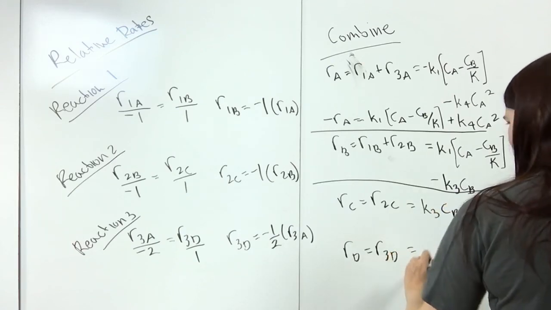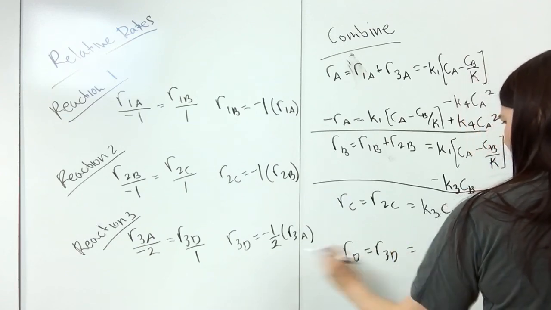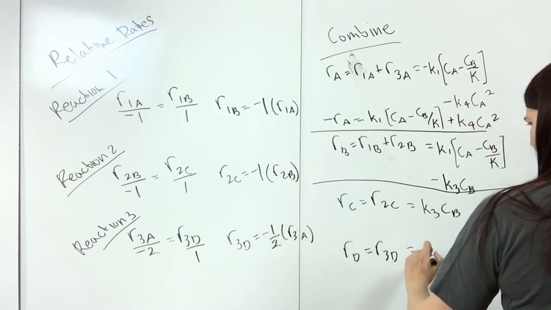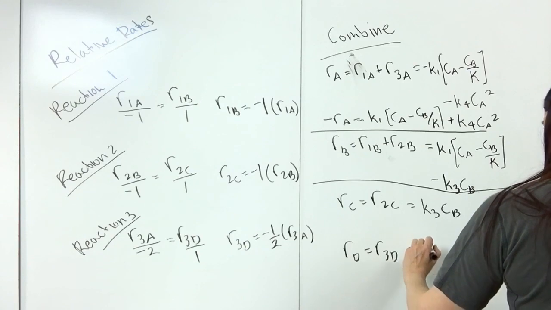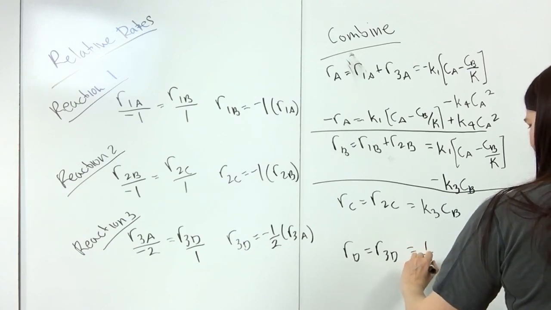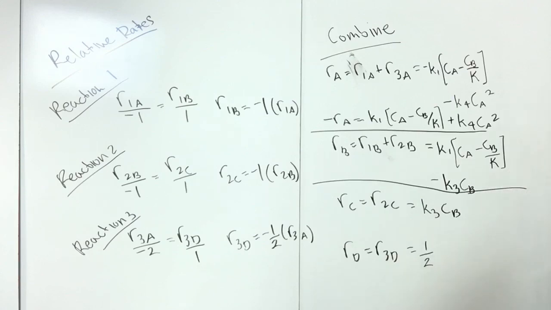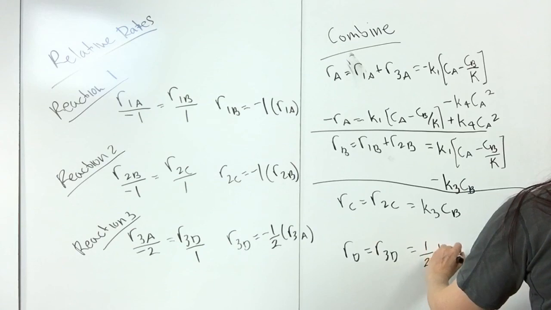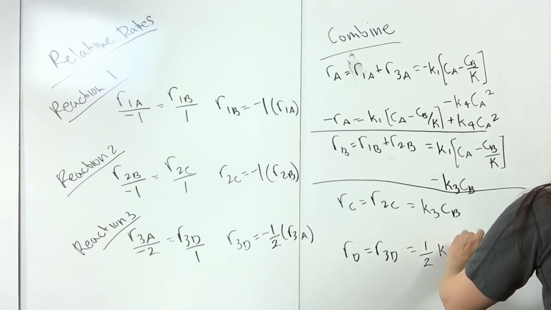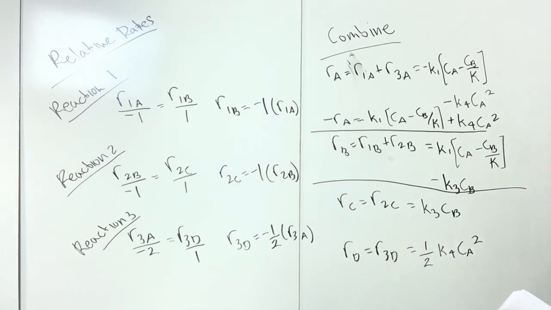And then for RD, that's R3D, so we have minus 1/2 multiplied by R3A, which was K4 CA squared. So these are your composite rates of reaction.